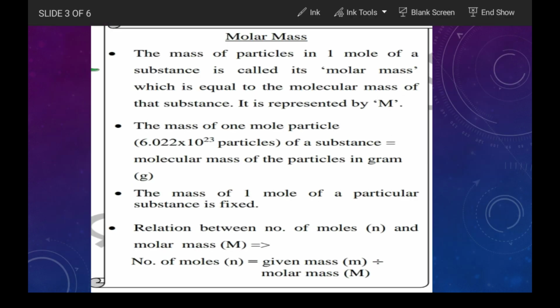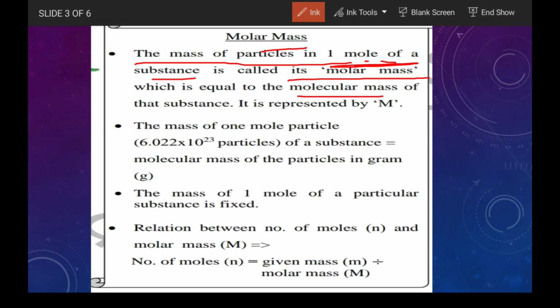Moving further, we see what molar mass is, again written here as a conclusion: the mass of the particles in 1 mole of the substance is called its molar mass, which is equal to the molecular mass of that substance only, and it is represented by capital M. It is very important to understand this capital M is your molar mass only.